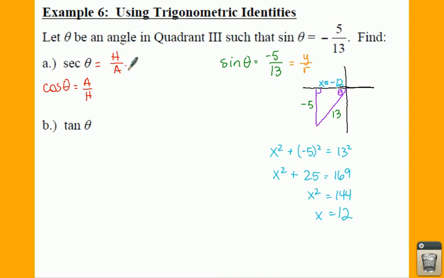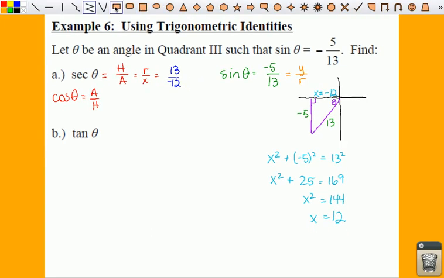Or another way to look at it is, it's going to be your r value over your x value. So you can look at these a couple different ways. You can do it using SOHCAHTOA or your other trig values. So we take our r, that's going to be a 13, over our x, and then we get our solution. Alright, so we're going to have a negative 13 over 12.